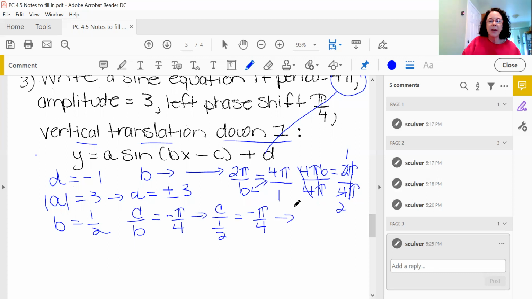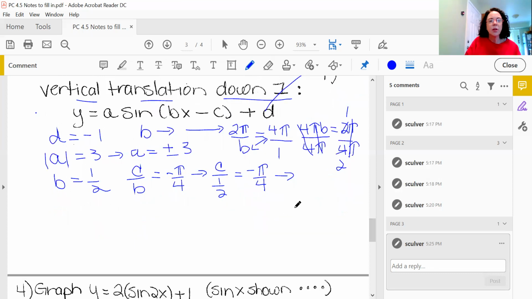That would be a negative 1/2 pi. When I cross multiply, that is equal to 4C. I'll divide both sides by 4, or multiply both sides by 1/4, and my C is a negative 1/8 pi.